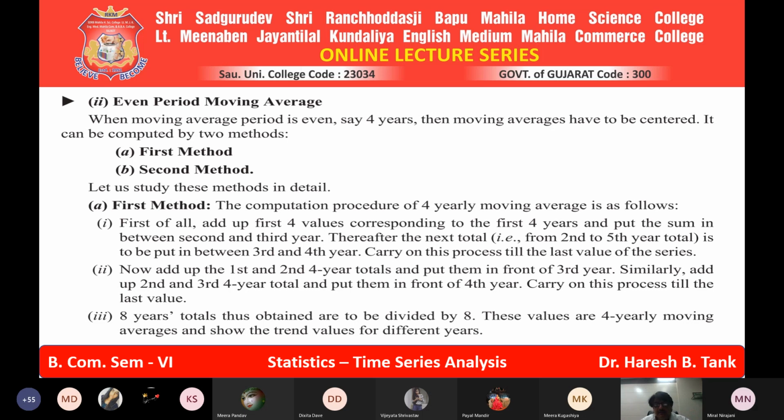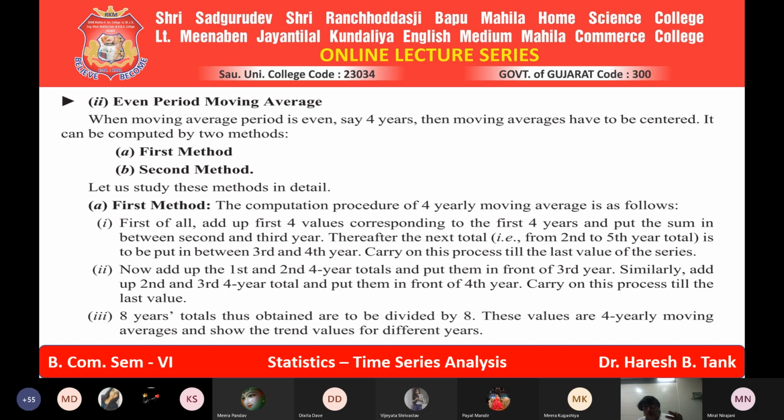Once you think of it, it will be very clear to you. When you are using a 4 yearly moving average, naturally you have to make a bunch of 4, make a sum of it, divide it by 4, and put it against the middle year.